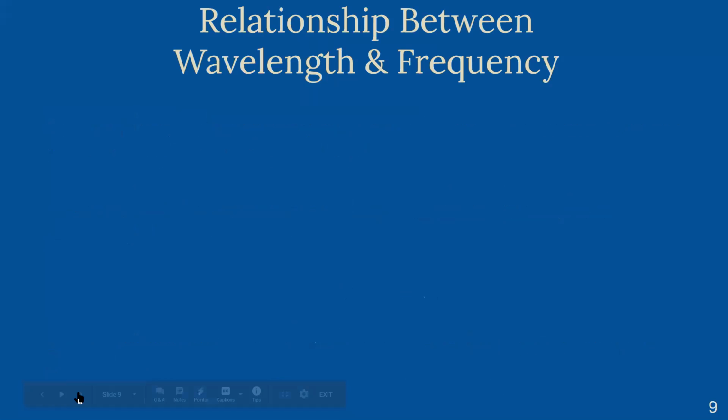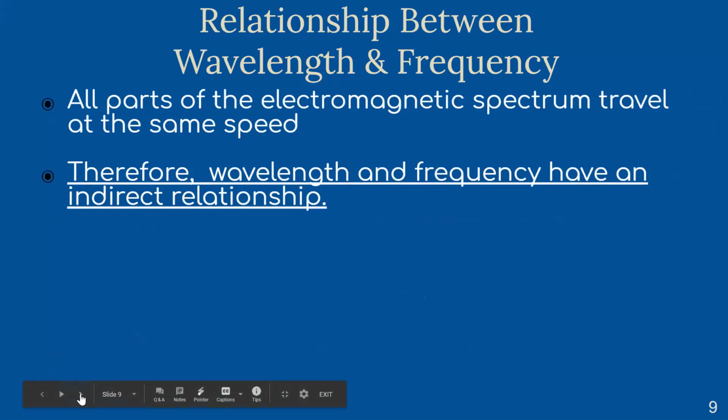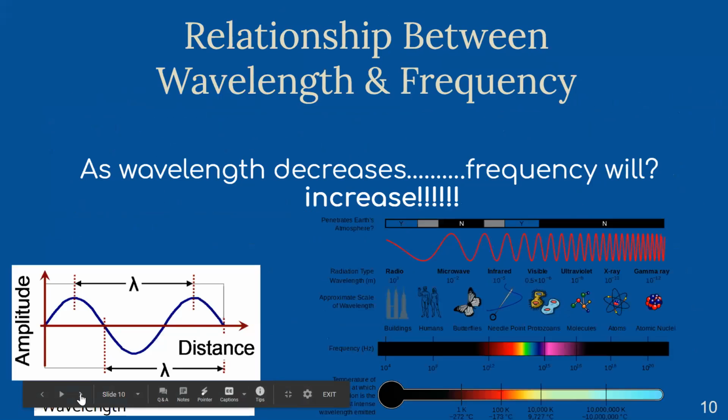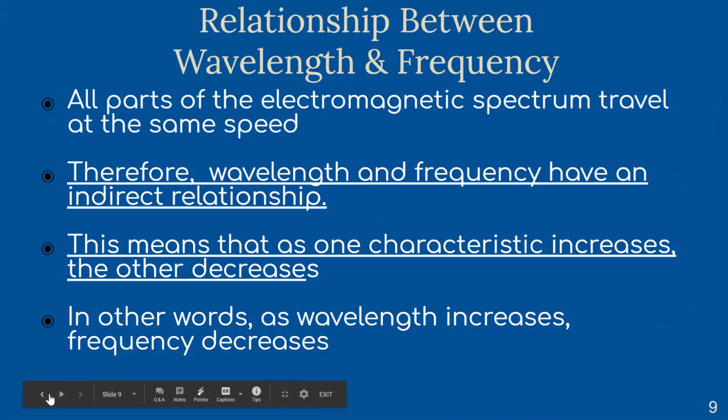So the relationship of frequency and wavelength, this is where we're getting into the important part. There is an indirect relationship between wavelength and frequency. If you guys don't know what an indirect relationship is, we're going to go into what that means.